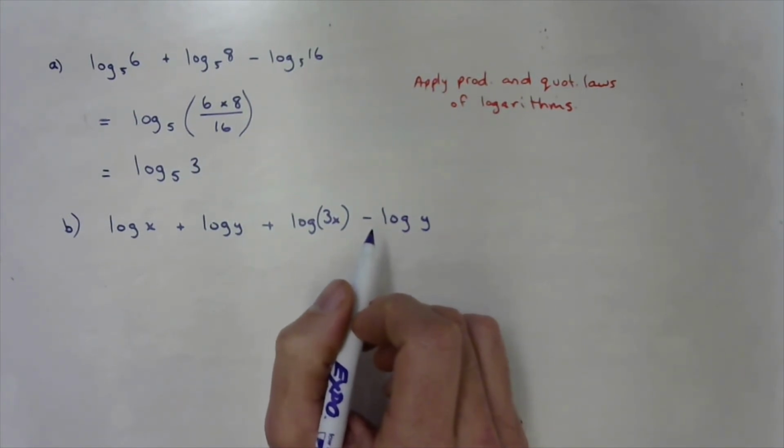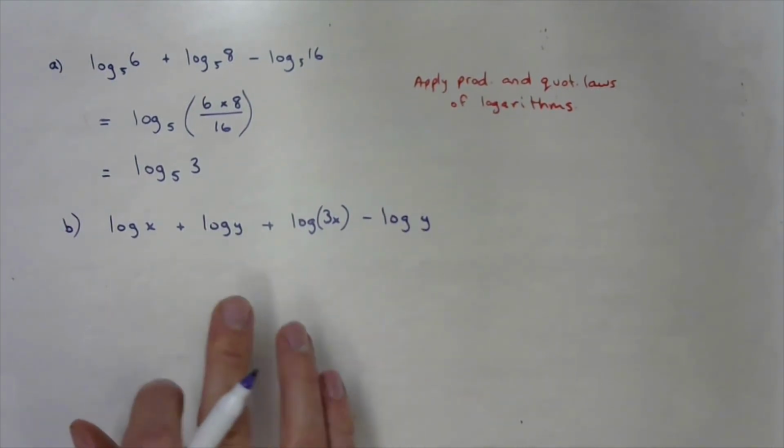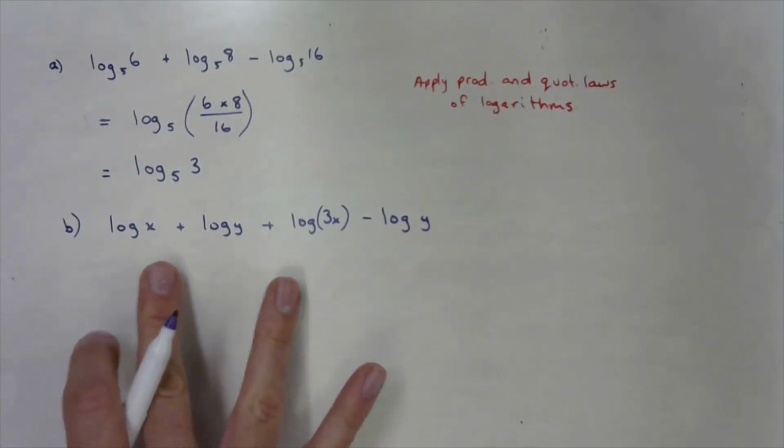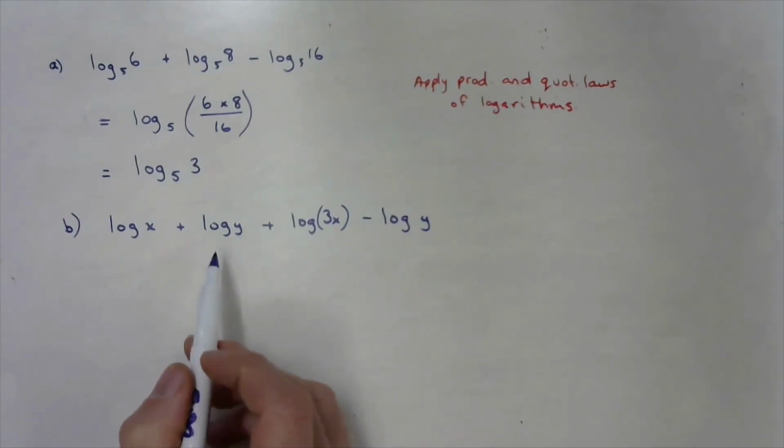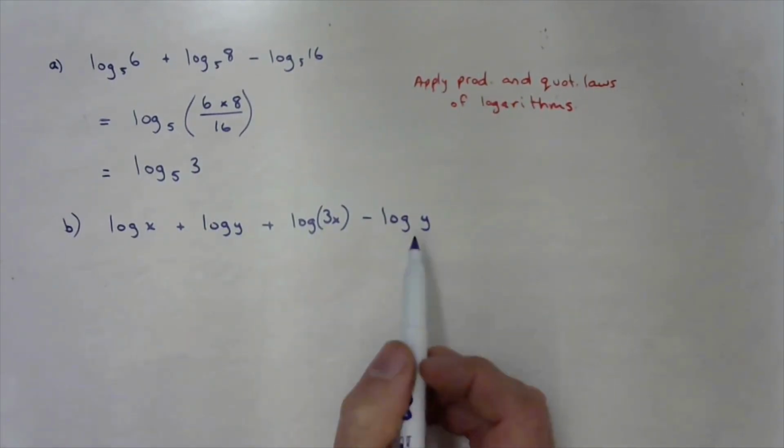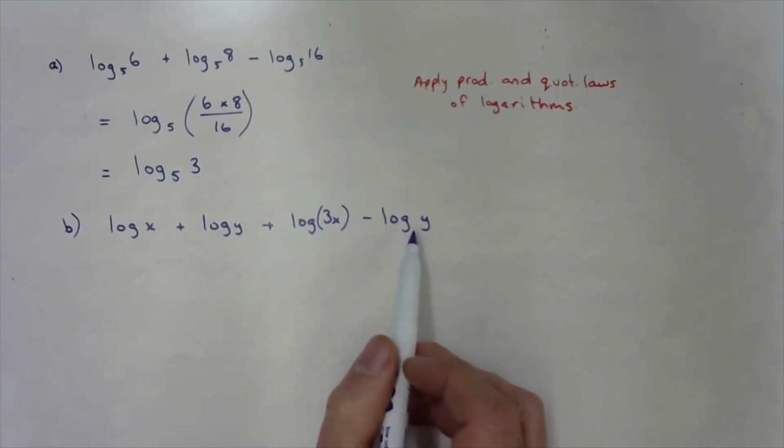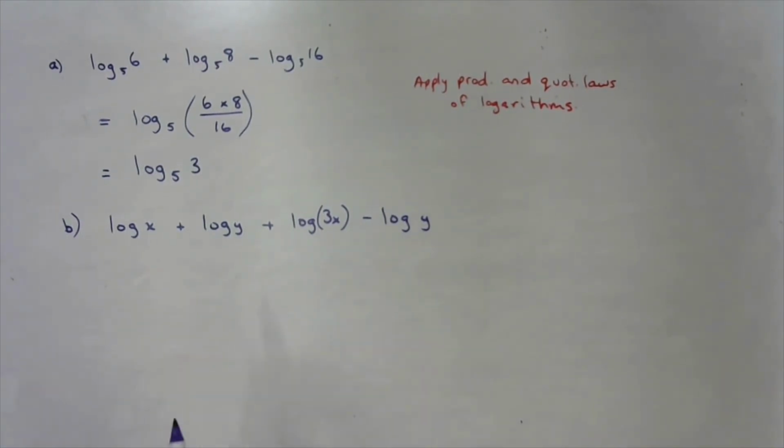One of them is collecting like terms. So if you have logs of x or logs of y, you can clearly see plus 1 log y minus 1 log y. Those guys are going to cancel out. But what we could do is apply the product and quotient laws directly. So that's what we're going to do the first time.